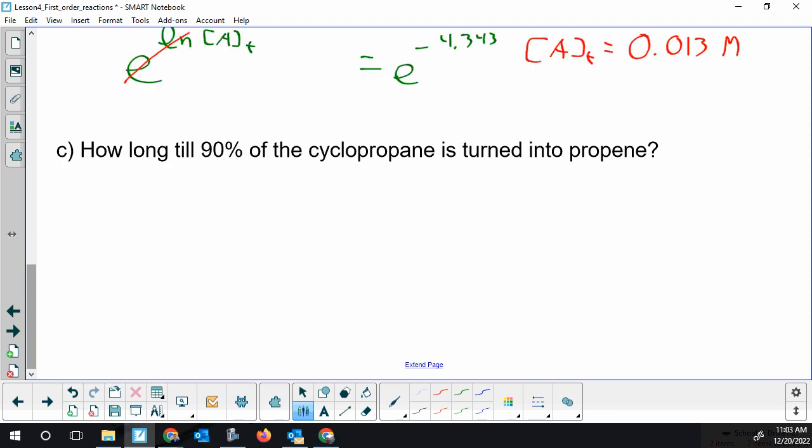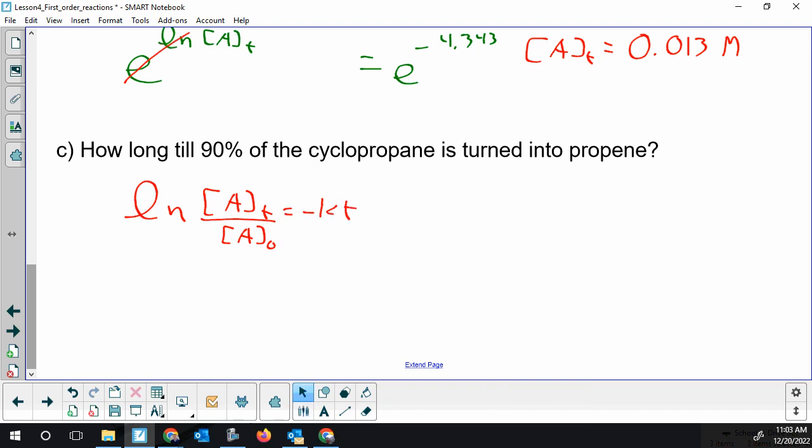Playing with reaction ratios. How long till 90% of the cyclopropane is turned into propene? This question is requiring us to figure out what that reaction ratio is.